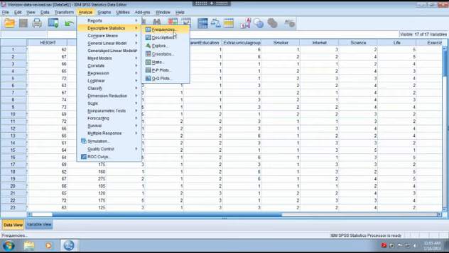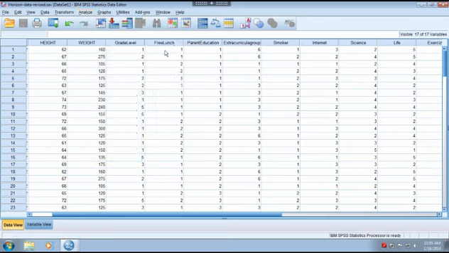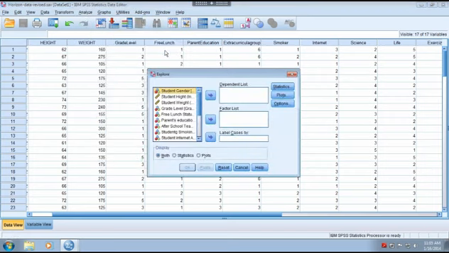In order to calculate those descriptive statistics, I go to Analyze, Descriptive Statistics, and Explore. Again, if I wanted to calculate, let's say, student height and student weight, and I wanted to do so in descriptive statistics, we'll talk about mean, median, skewness, variance and standard deviation.